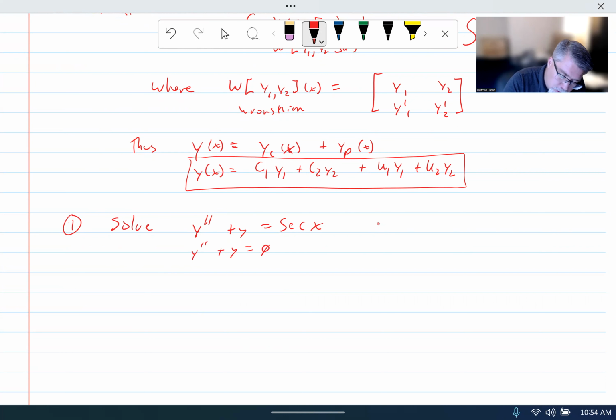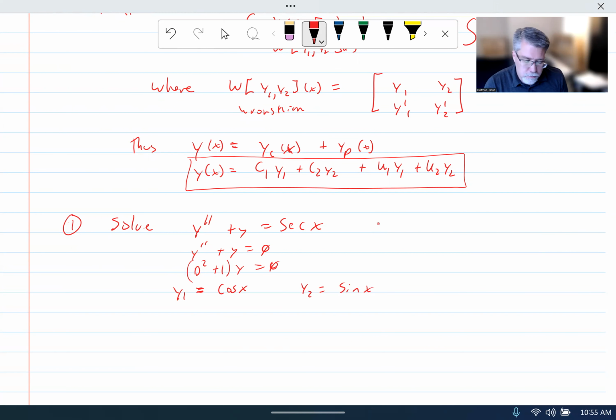Okay, let's use our differential operator. This is D squared plus 1 of y is equal to 0. Okay, and so y1 is going to have some form of cosine of x, and y2 is going to have some form of sine x, when we try to solve this.